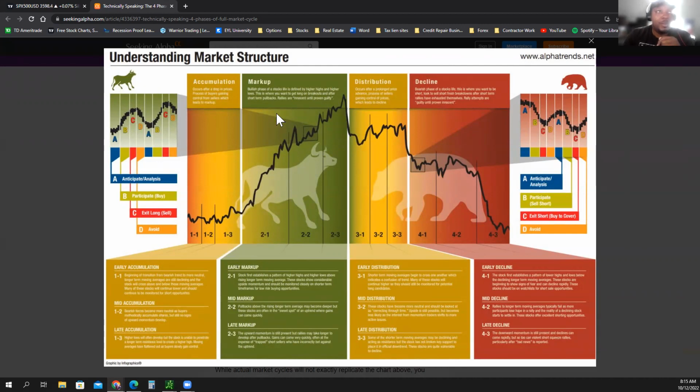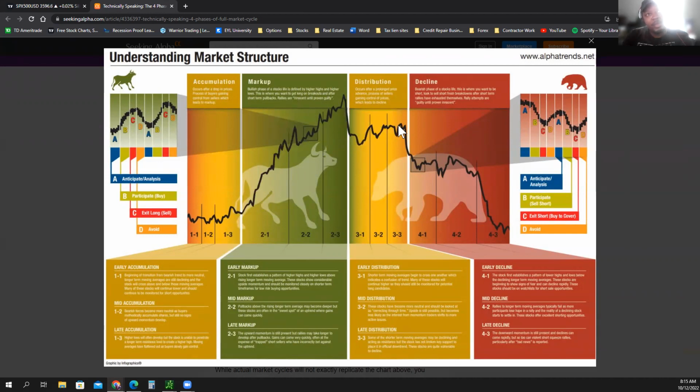Then you have your markup, what they call markup. I call the uptrend, where price is trending upward, making higher highs and higher lows. That's the definition of an uptrend.